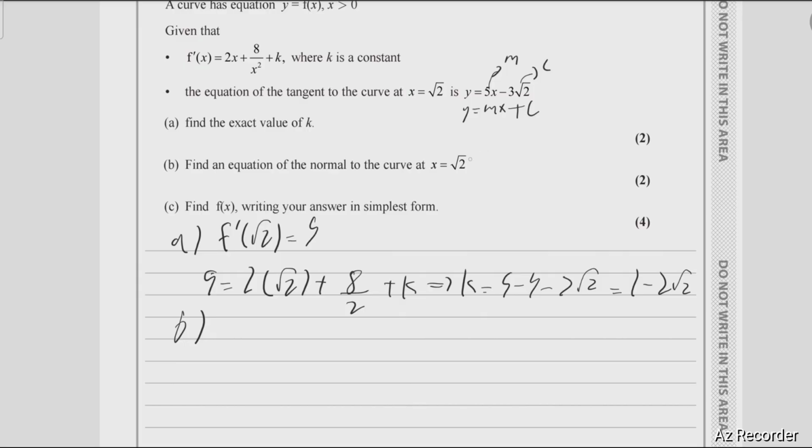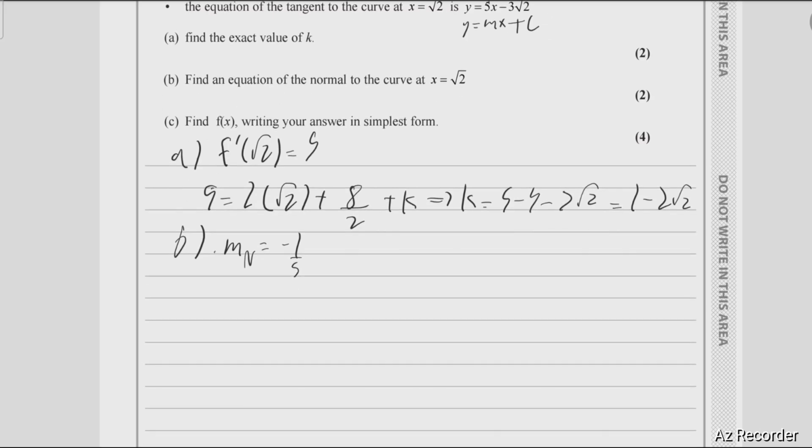So the gradient of the normal is equal to -1 over 5, and y equals -1 over 5 x plus c. But we don't have any points or the y-intercept. So how could we find it?